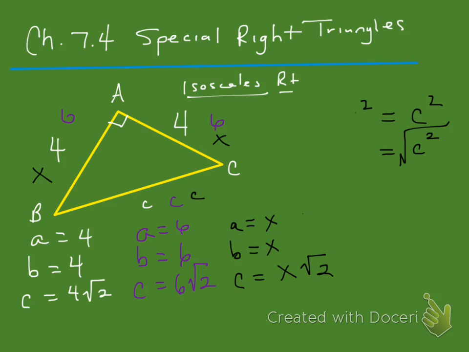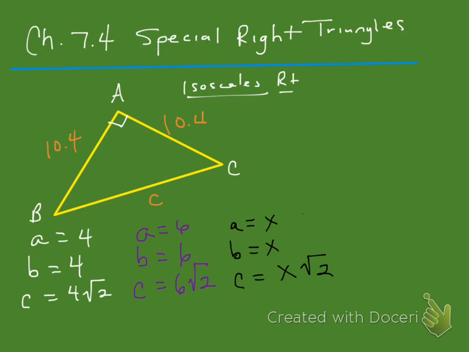So if I quickly said to you the side lengths are, I'm going to erase these now that we're done with these. If I quickly said to you, hey, the side lengths of an isosceles right triangle are 10.4 and 10.4, what is C?